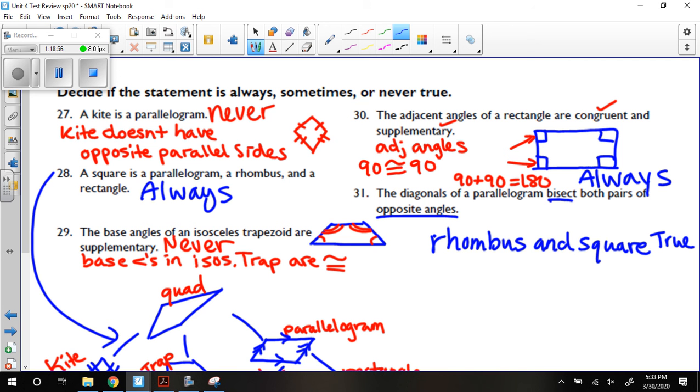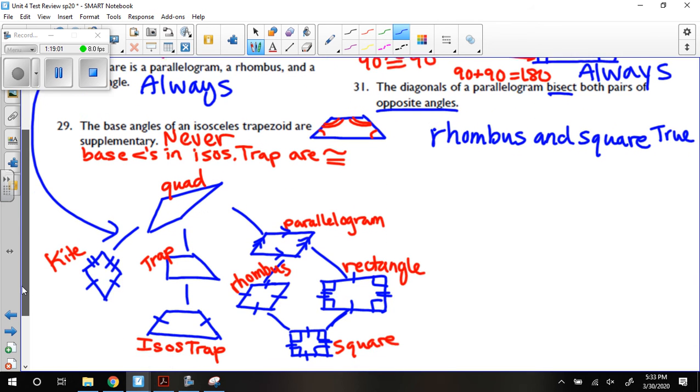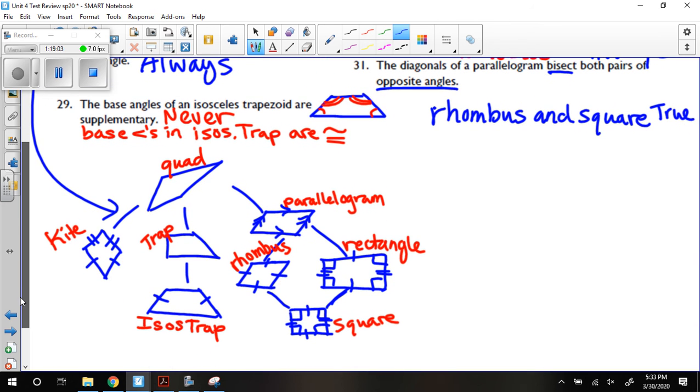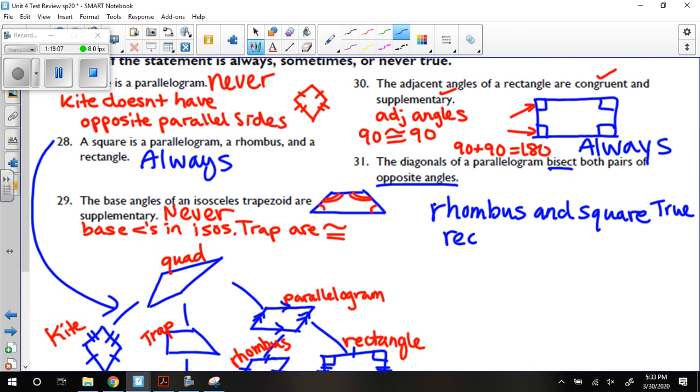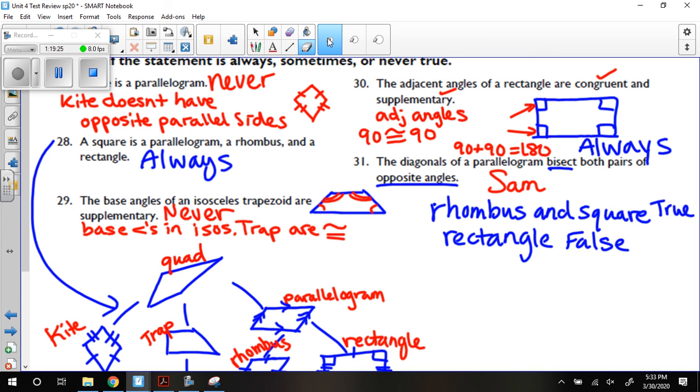However, those are not our only parallelograms. If you look, we have one more parallelogram to talk about, and that's a rectangle. In a rectangle, that's false. A rectangle does not have opposite angles bisected. So that means this is a sometimes.